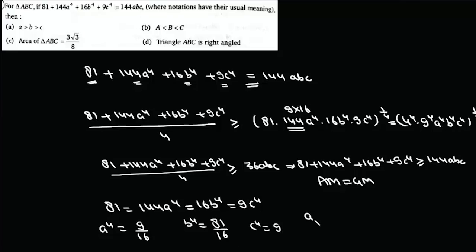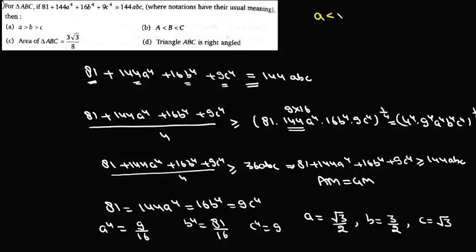So from here we'll get a as root 3 by 2, b as 3 by 2, and c as root 3. Clearly we can see that a is less than b and is less than c.